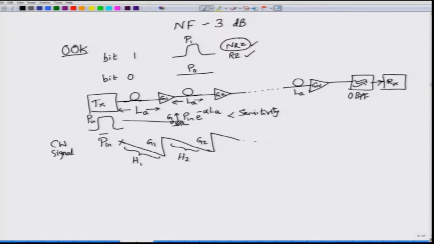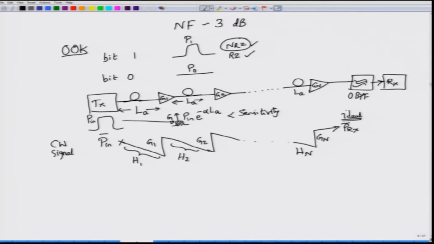This process keeps on repeating until you come to the last stage where again there is a factor Hn, because of the nth fiber span, and then you pull the amplitude back up to get the total gain of Gn, and this would be filtered. Let us assume an ideal band pass filter, which means that it is not decreasing the amplitude of the signal. So this goes to the receiver side, okay.